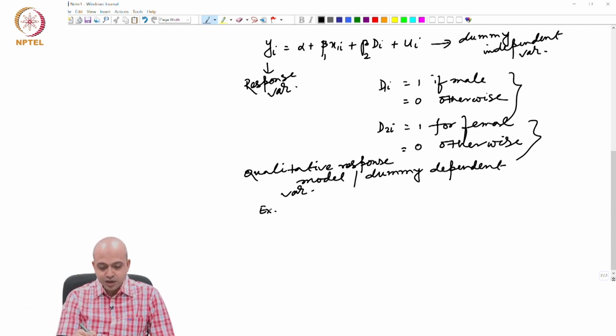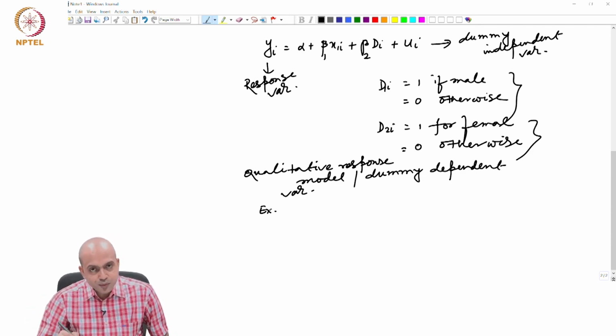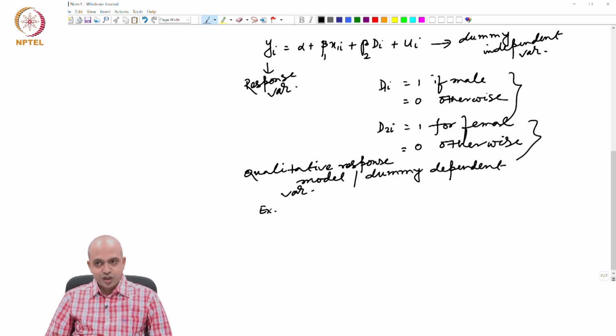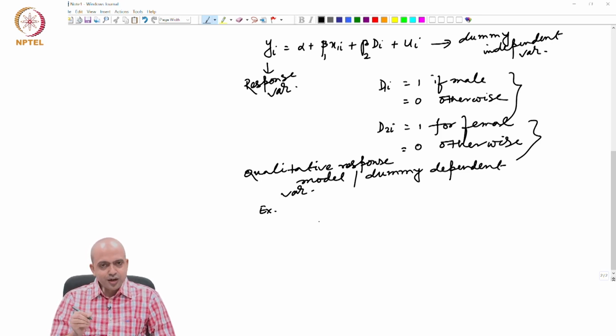So, here your dependent variable also is qualitative in nature. You go to an individual and ask, do you have your own house? The individual will say either yes or no. That yes or no response is basically a dummy kind of situation.